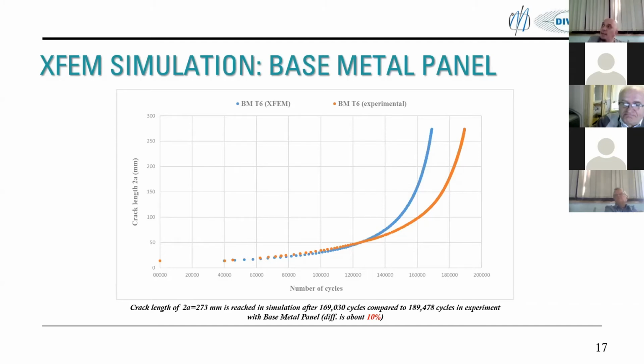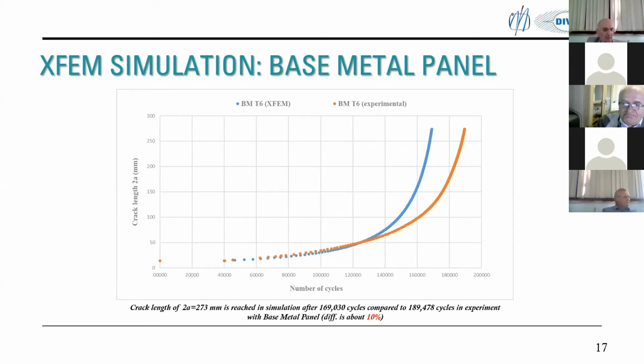And this was the first signal that definitely there is something here, let's say, not 100% accurate, because the model is too simple. We have just one plate with a crack in the middle and two tensile forces.